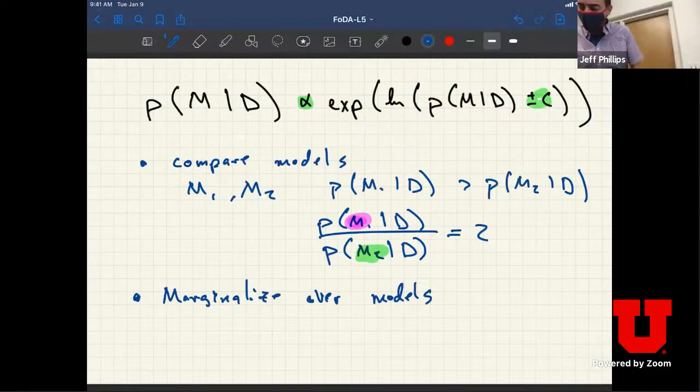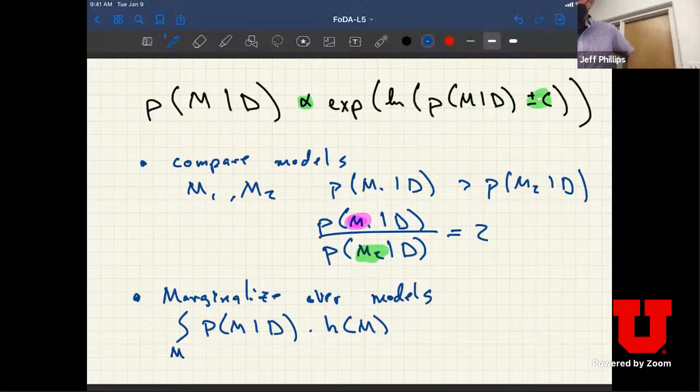So I basically want to think of integrating over the models, over some space of models, of the probability of the model given data times some sort of function. Let's call this h of the model. So what would this h of the model be?